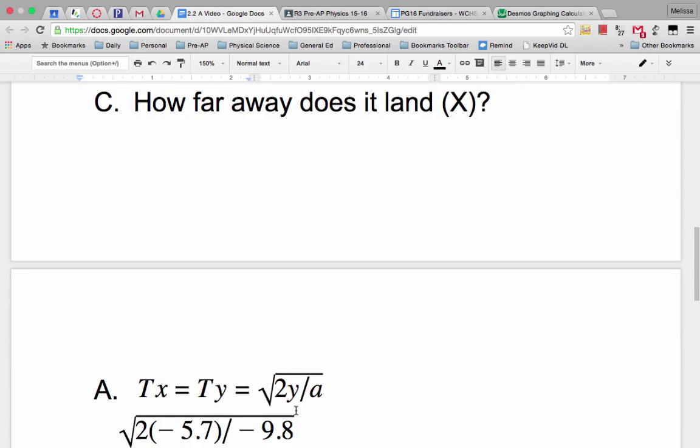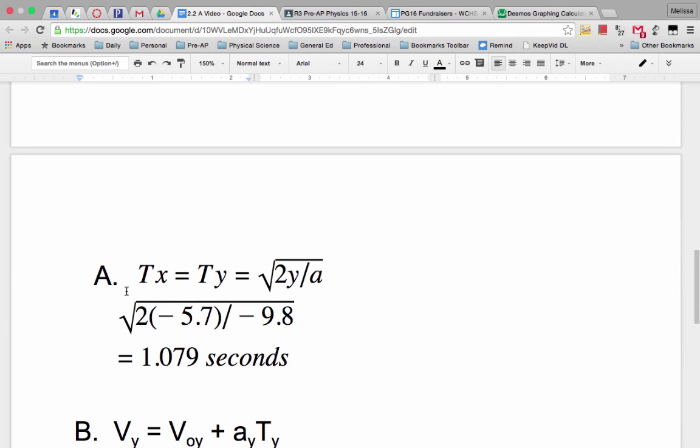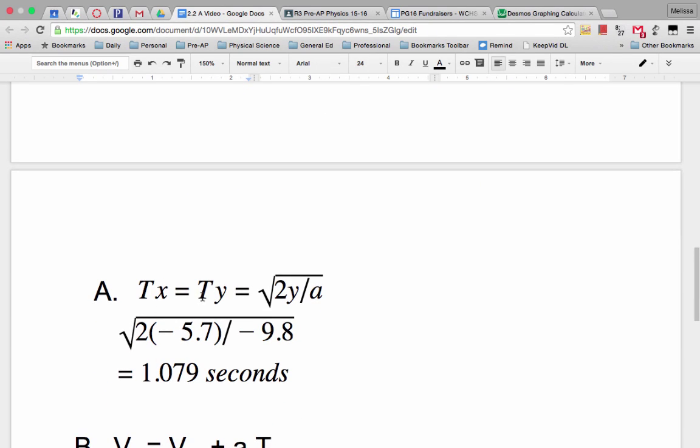Part 1 uses Tx is equal to Ty, which is equal to that time down equation of the square root of 2y divided by a. Plugging in the things that we know, remembering that y is negative because you're falling down.